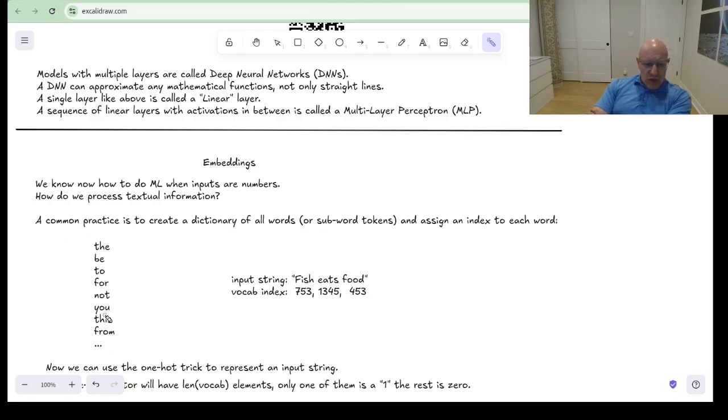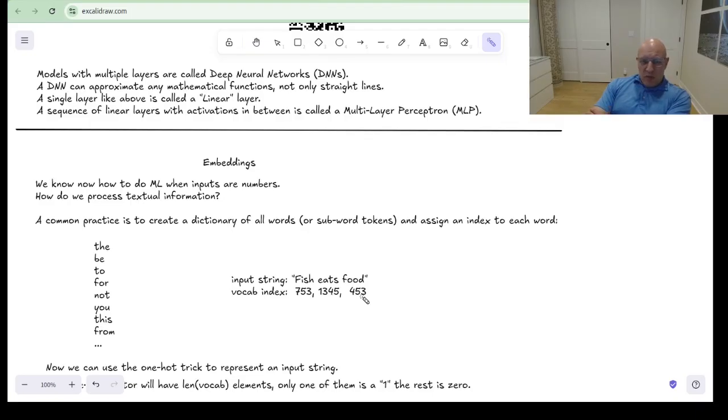And those vocabularies can be quite large. Let's say that we build a vocabulary of only 10,000 English words. It's still a very large vocabulary. And then we give them numbers, but those numbers are not very good for using directly in machine learning.